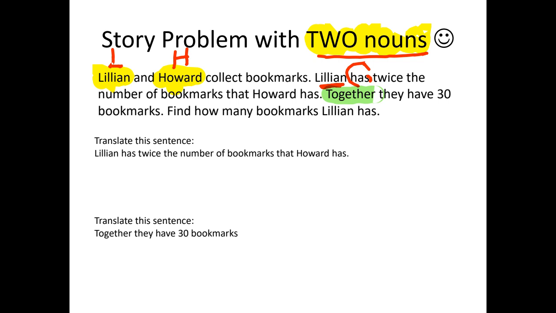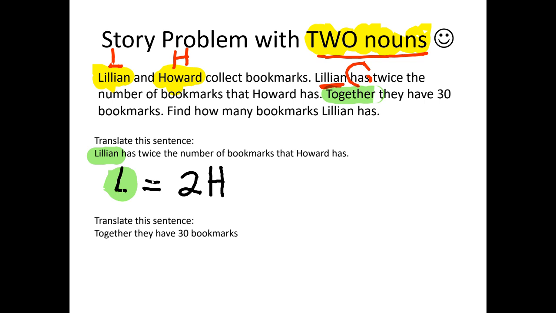Okay, let's work this. Lillian. Okay, that's the variable L. Has. That's what that equal sign means. Is, are, was, were. A linking verb is always equal. Now, twice is 2 times what Howard has.